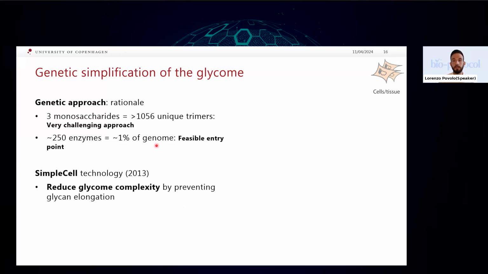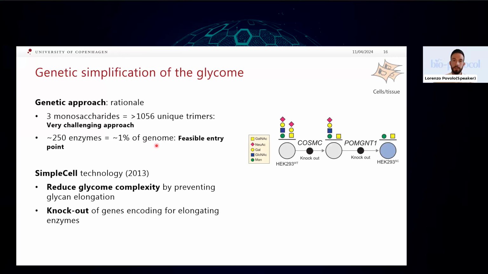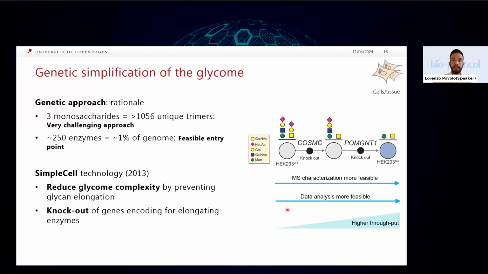And this has been achieved by knocking out key genes encoding for elongating enzymes. So what we will see from a simplification of specific glycans is a more feasible characterization via mass spectrometry, a more feasible data analysis, and a higher throughput.